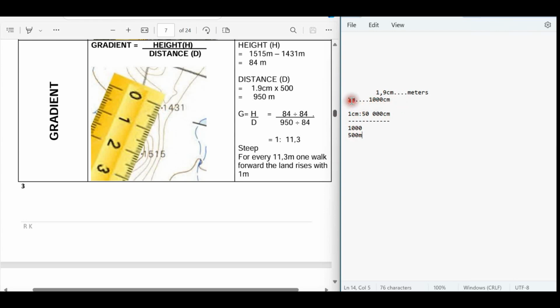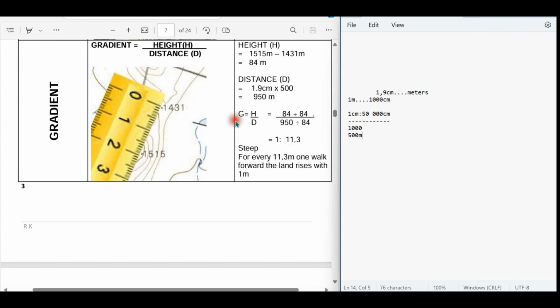We knew that from 1 meter there are 100 centimeters, and the scale of the topographical map we are working on is 50,000 centimeters. Therefore, 50,000 divided by 100 is going to give us this 500. Therefore, the distance which we have now is 950 meters.